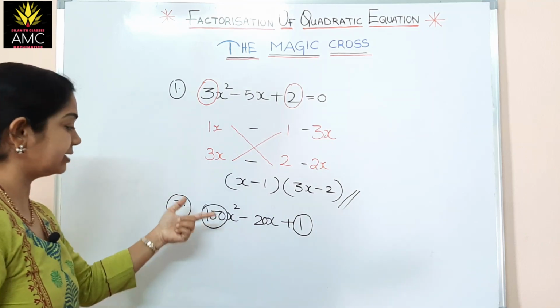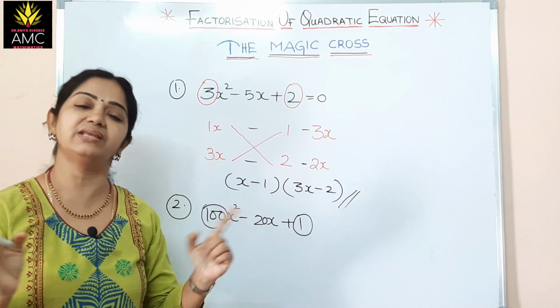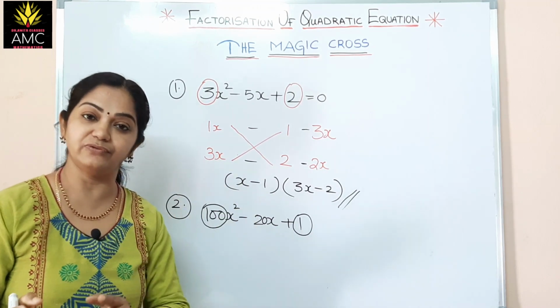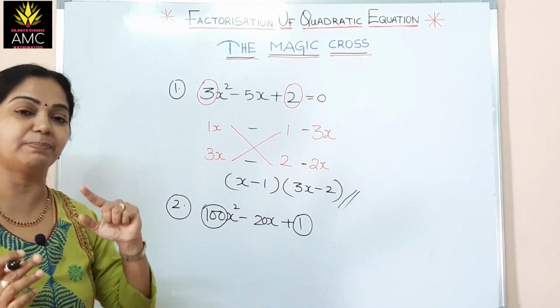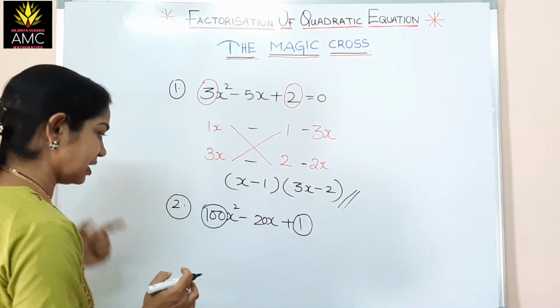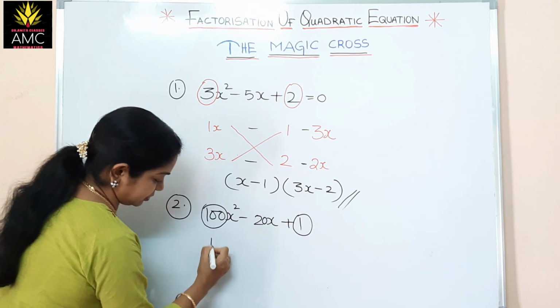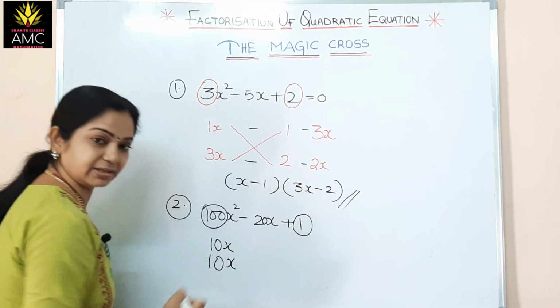The coefficient 100, we can write it many ways, many factors: 20 into 5, 25 into 4, 10 into 10. But with practice and experience, let us take 10 and 10, so that here you get 20, isn't it? So let me take the factors 10x and 10x, right.